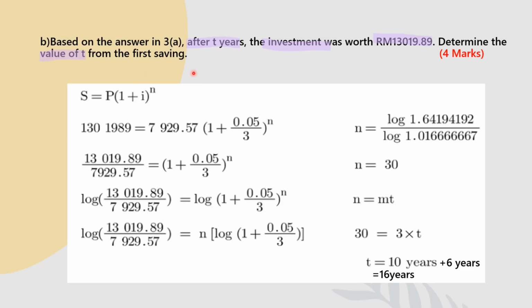Next. So, in this question, we still use the same formula, S equal P, open bracket, 1 plus I, close bracket, to the power of N. But this time, we use T from the question A, and the rest of it is still used from question A, but we don't have N. So this time we need to look for N, but N is here.